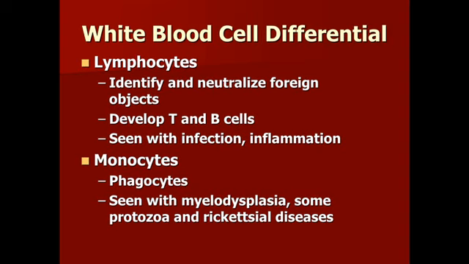Monocytes, the second type of agranular white blood cell, are your phagocytes. The job is primarily to remove debris. You may see this with myelodysplastic syndromes, and when we talk about a myelodysplasia, we're talking about bone marrow producing different kinds of cells or unusual cells.